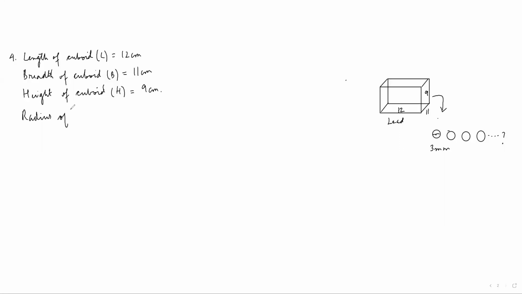Lead shot. R is the radius. Radius means half of the diameter, so we will use diameter divided by 2.